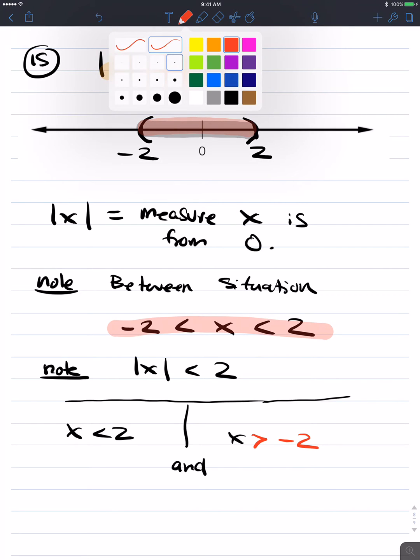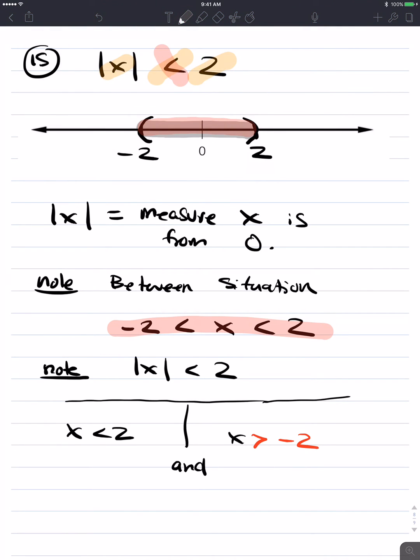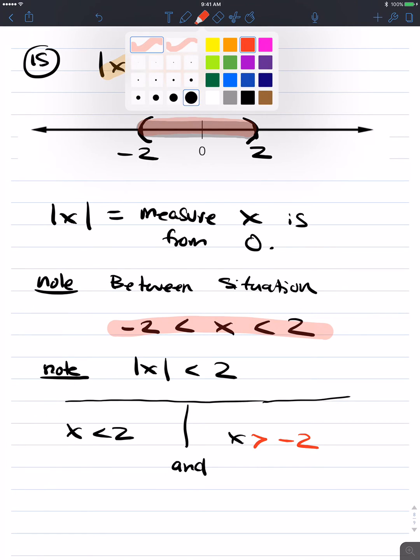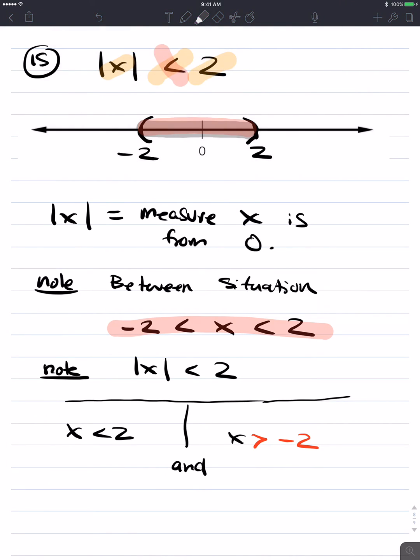Notice, if we were to graph x smaller than 2 with x greater than -2 and find that intersection, what you're going to see again is this middle region is shaded.